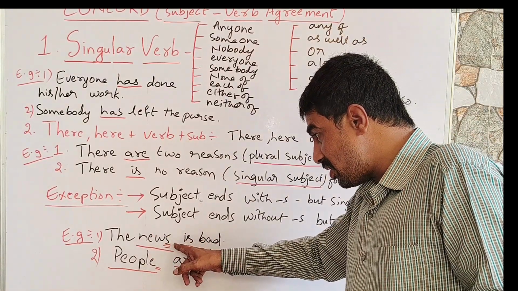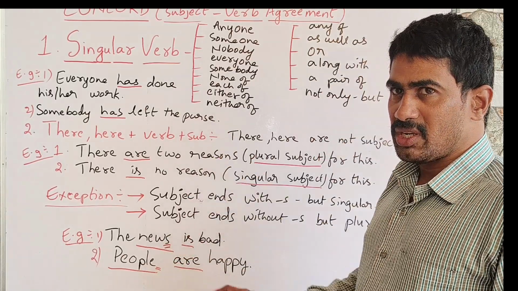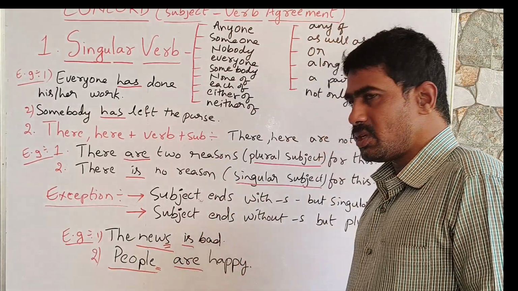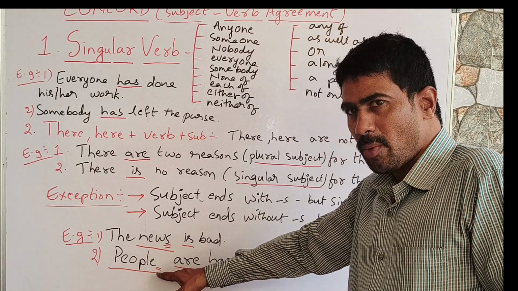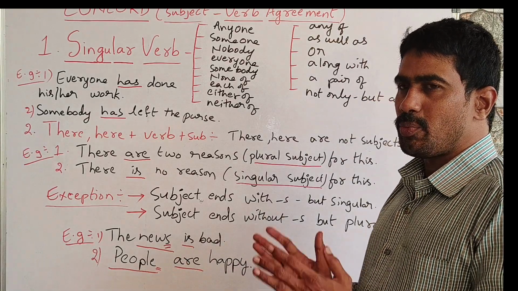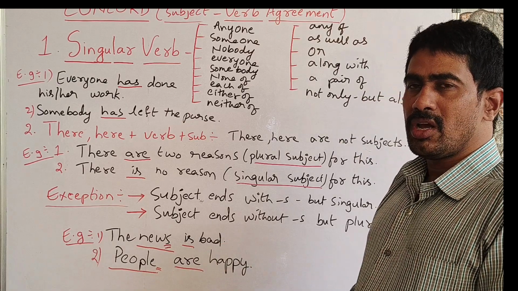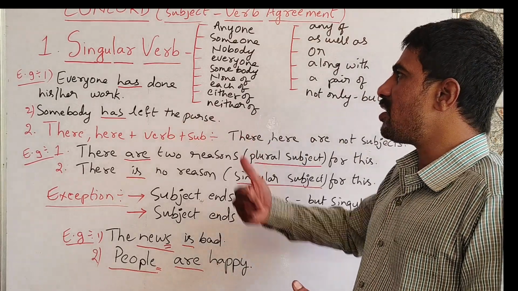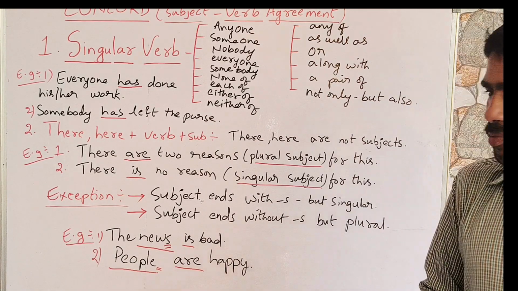Here the subject seems to be plural because it ends with s, but the subject is singular, so we use the singular verb. And here, people are bad. We don't have any s form here, but people is a plural subject and we used the plural verb.